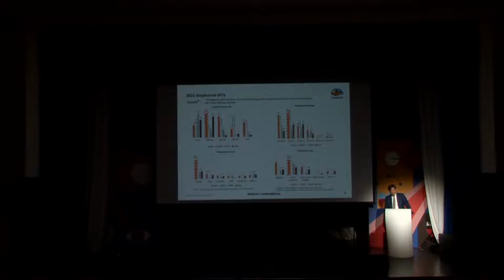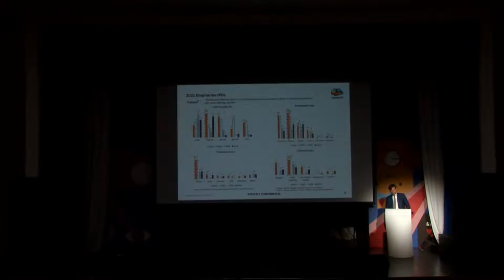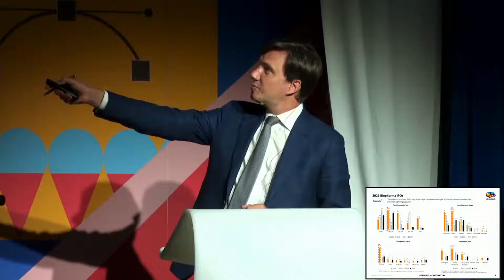But what is important here is that at the development stage, on the right-hand side on top of the slide, this chart shows that a lot of companies went public at the preclinical stage.